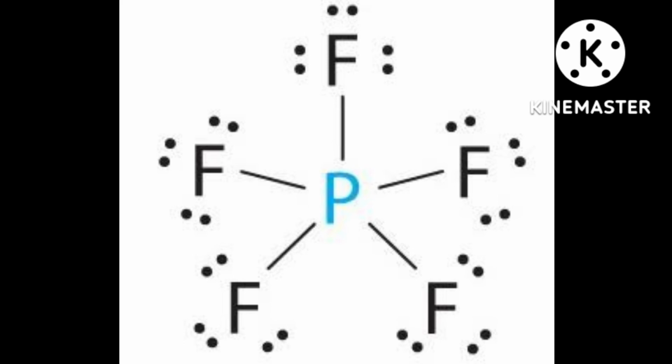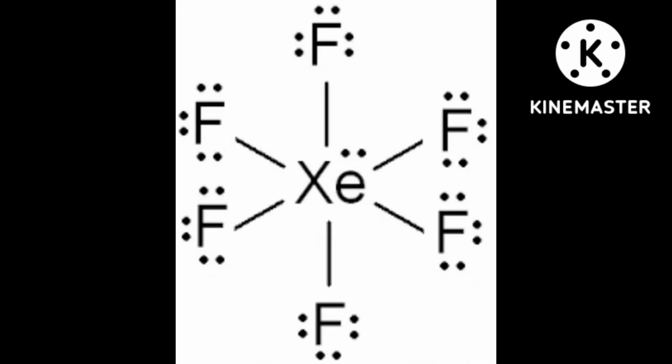How many bonds will be formed? 5 bonds will be formed. Up, down, left 1, right 2. Total 5 bonds will be formed. And 5 bonds means 10 electrons. Around the phosphorus 10 electrons are there, meaning more than 8.